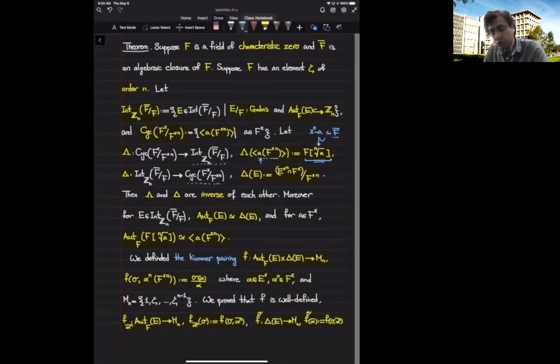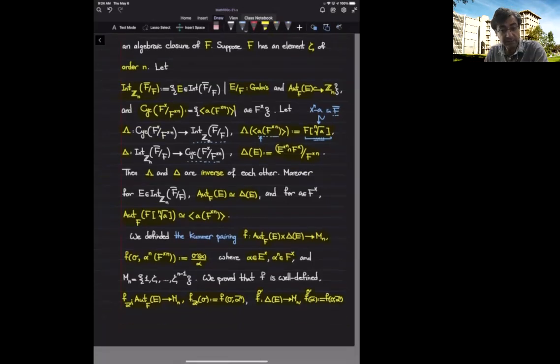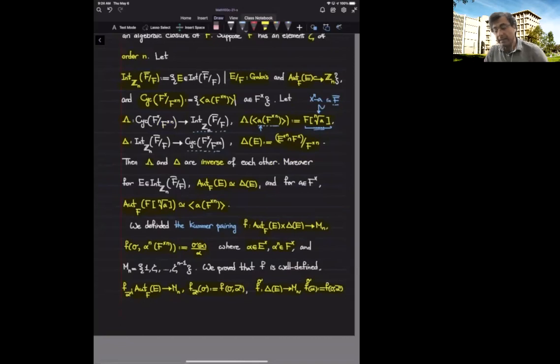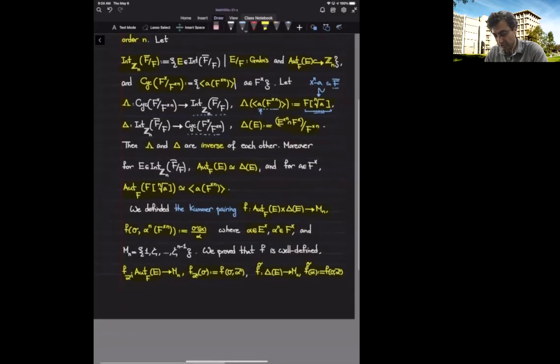Now, what we want to show in today's lecture is that this lambda and delta are inverse of each other. And moreover, the Galois group of E over F is isomorphic to the group delta of E. So we get a complete understanding of the Galois group of such field extensions.